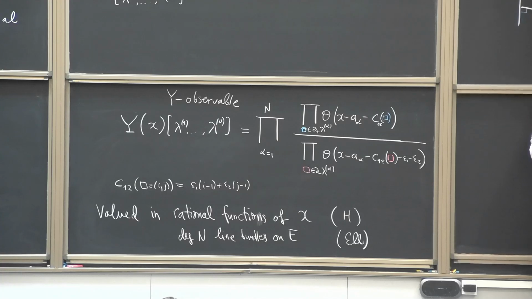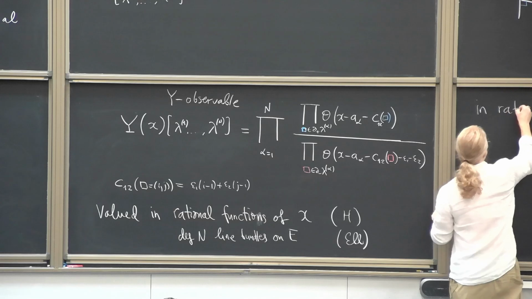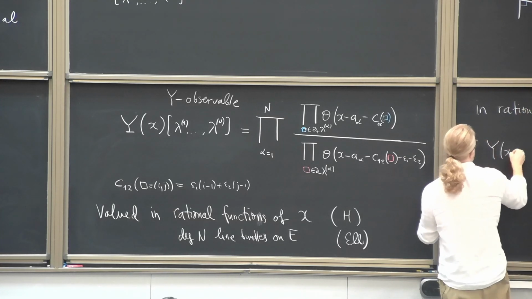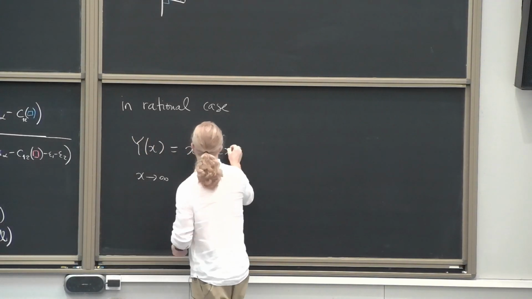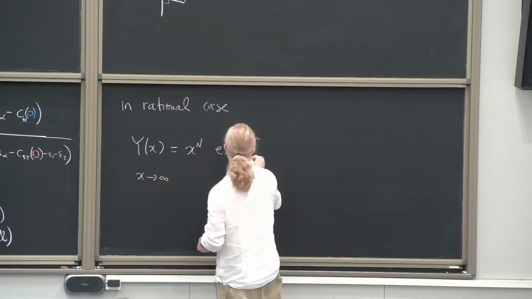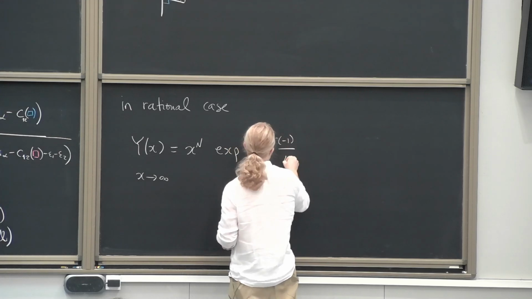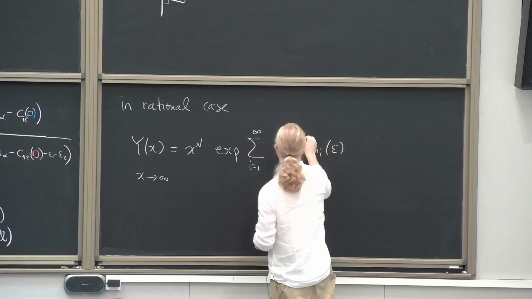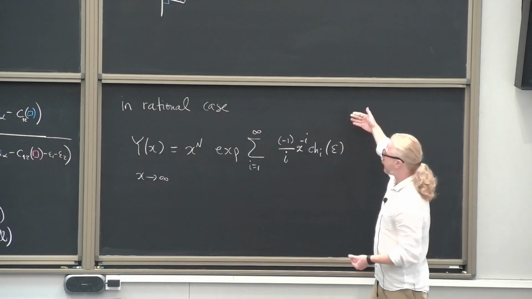Well, if you expand it in the rational case at infinity, it gives you the Chern characters of the universal sheaf evaluated at a point.